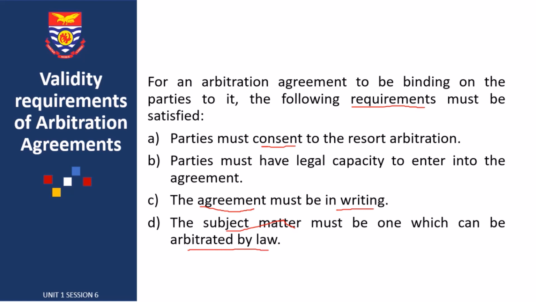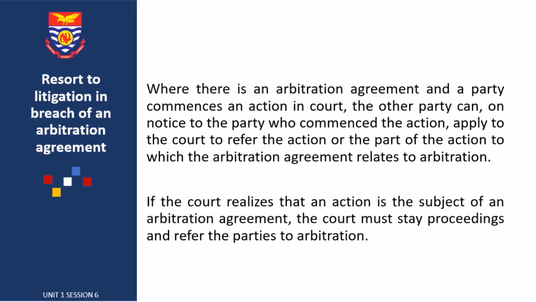It means that any of the provisions that we mentioned under Section 1 of Act 798, that is issues of national interest, enforcement of constitutional interpretation, environmental issues, are issues that cannot be resolved by ADR. So if the subject matter consists of those issues, then you cannot use arbitration to resolve them. However, if it doesn't fall within those matters, then it can be arbitrated by law. So these are the 4 requirements we have to meet.